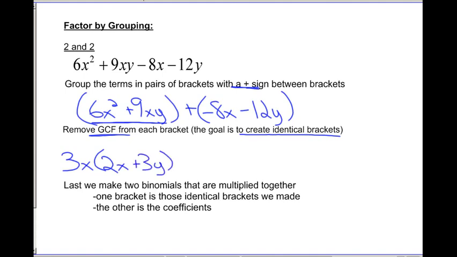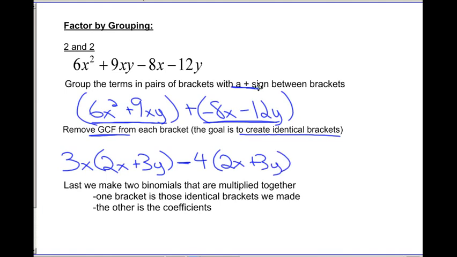In the next bracket, I've really got 2 choices as a common factor. I could take out 4, or I could take out negative 4. What's going to be nice about taking out negative 4 is that if I divide out a negative 4 from negative 8, that leaves me with a positive 2x and a negative 4 coming out of a negative 12. So I divide them out. That gives me a positive 3y.